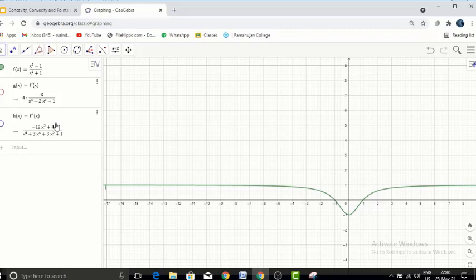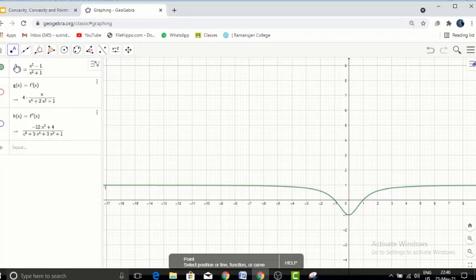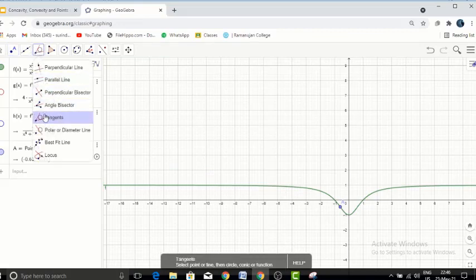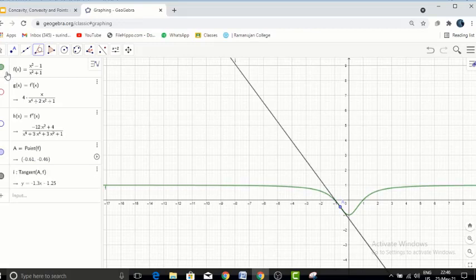Now what we do, we take a point A on this curve. Now we draw a tangent to the curve at the point A. Now we move the point along the boundary of this curve.